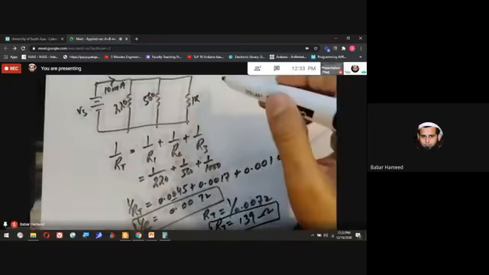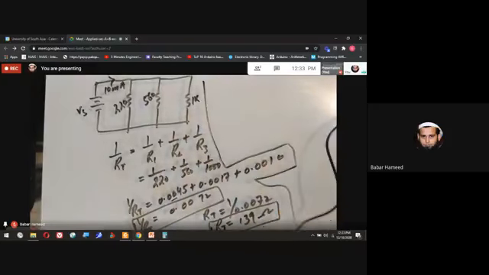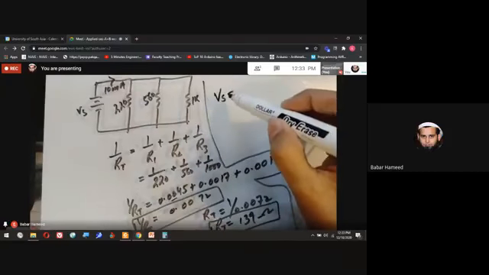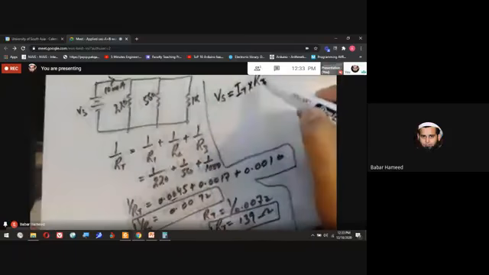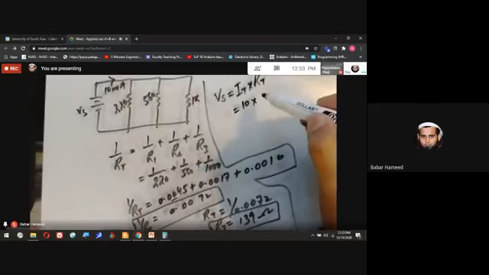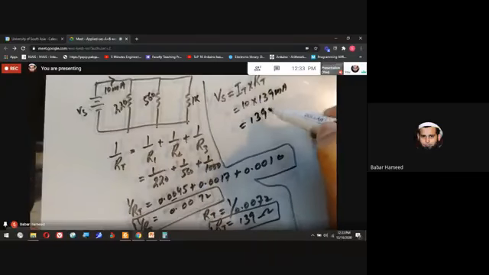Now we have RT, we have IT. We can simply find out Vs is equal to IT times RT. IT here is 10 milli times 139, so it is 1390 millivolt or 1.39 volt.